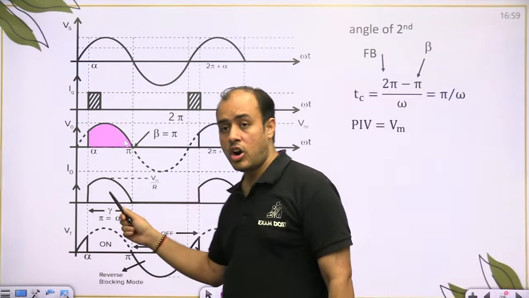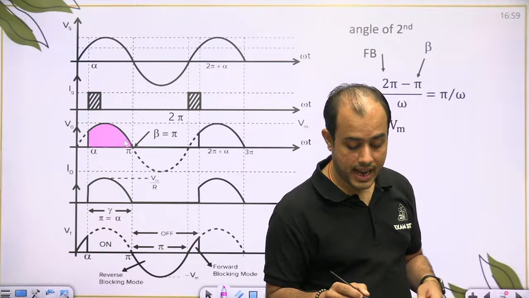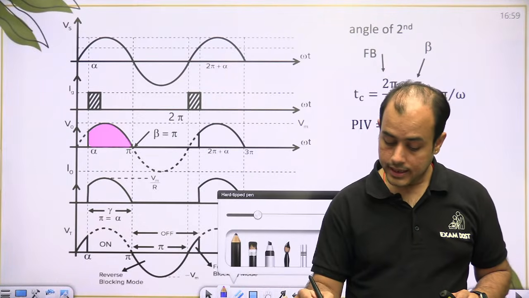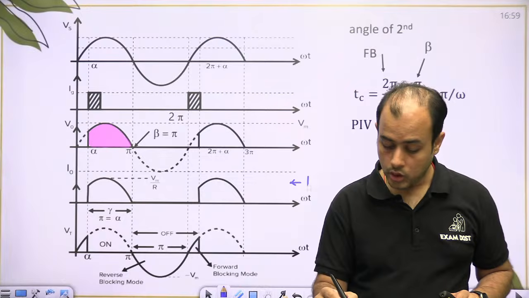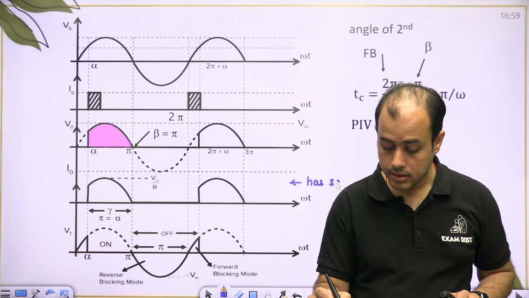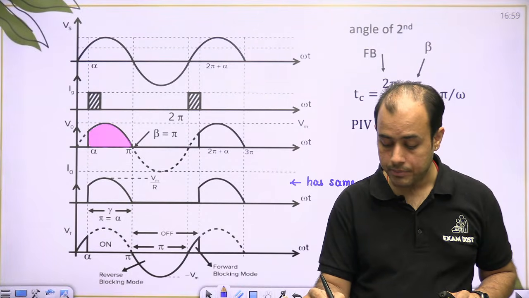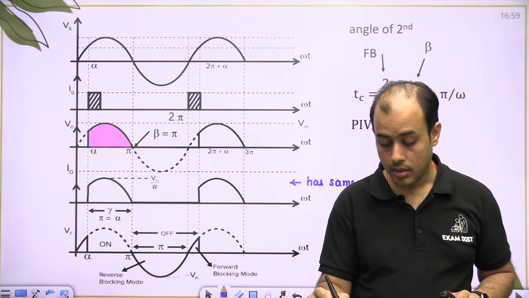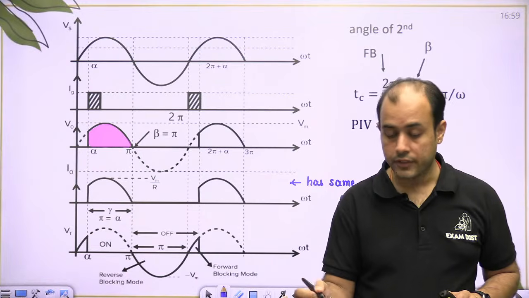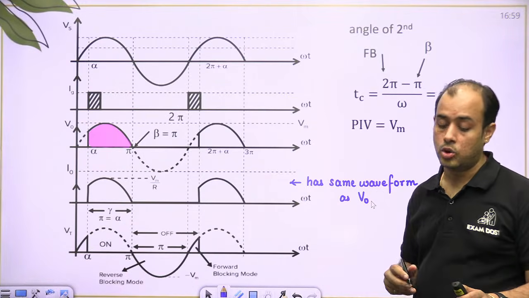I0 has the same waveform as V0. It is a resistive load. So I naught has the same waveform as V naught. That is what we understood in case of R load.